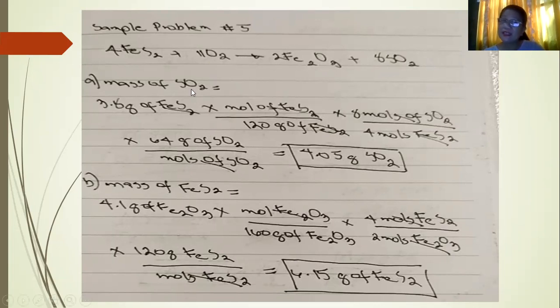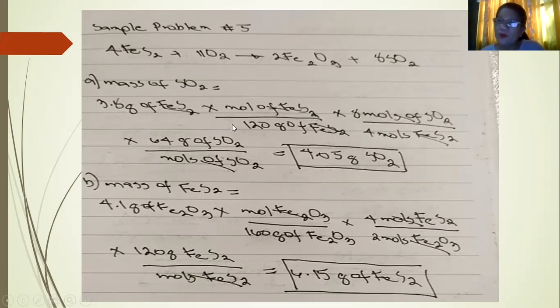First, let us get the mass of sulfur dioxide with the given 3.8 grams of ferrous sulfide. So first thing that you should do is convert this so that we can move on to the mole of sulfur dioxide. Let us convert this first into mole, the ferrous sulfide.